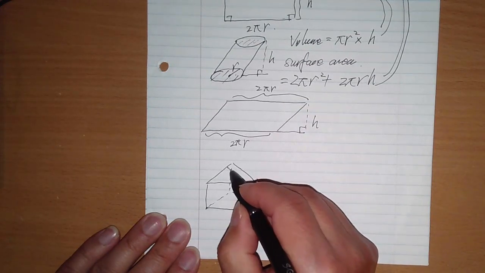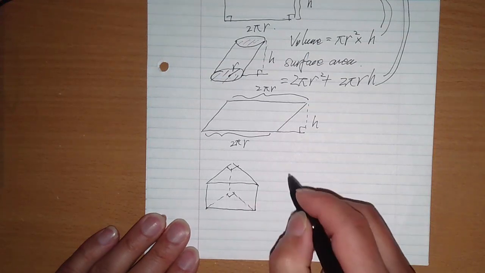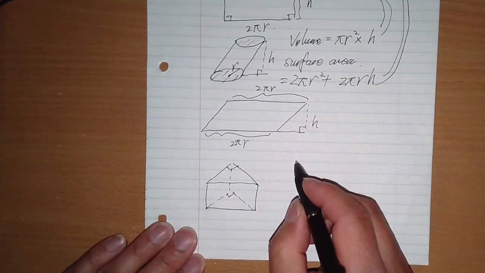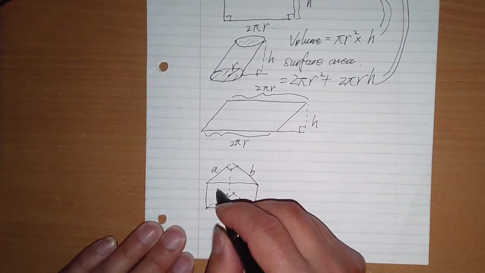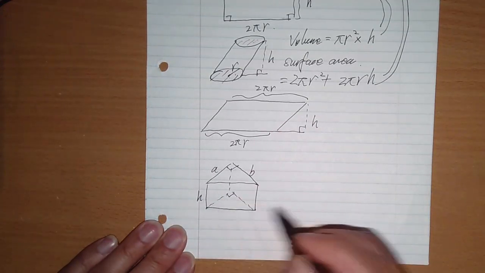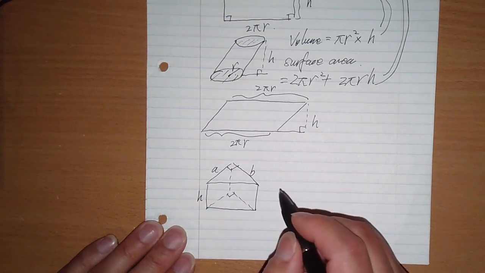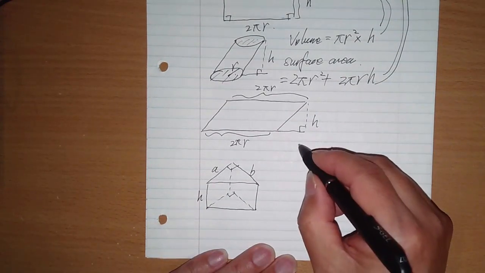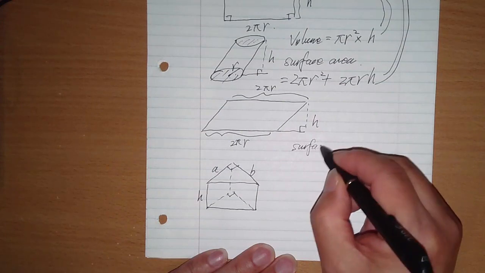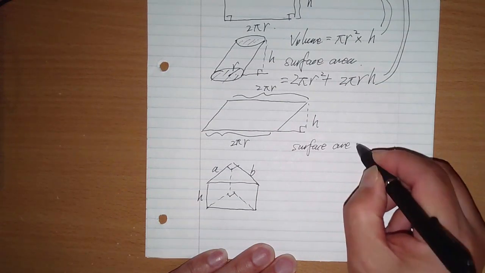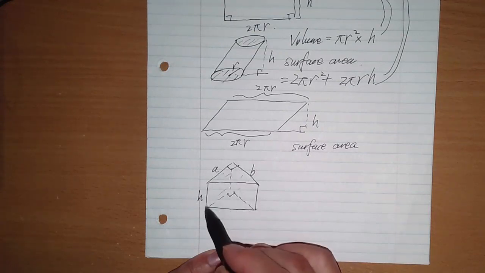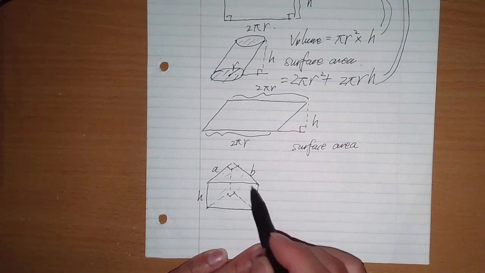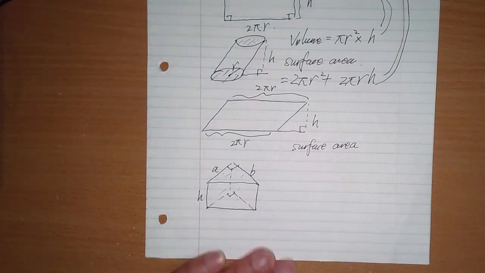To simplify it, we say those are 90 degrees, and if this is A, this is B, and this is the height h. Okay, so how do we calculate the surface area? The surface area will be top, bottom, and then this side, and then the front side, right?